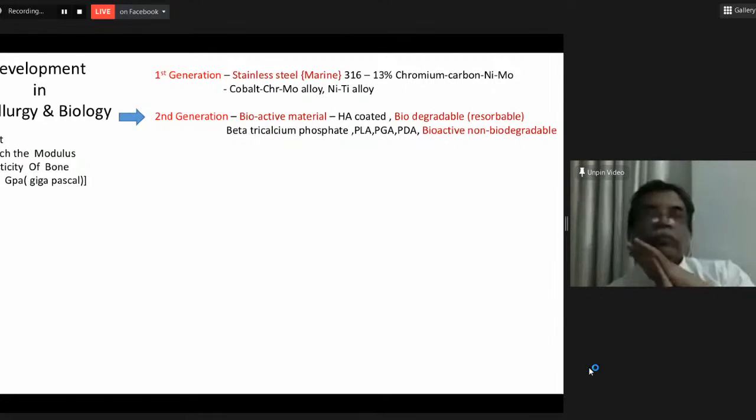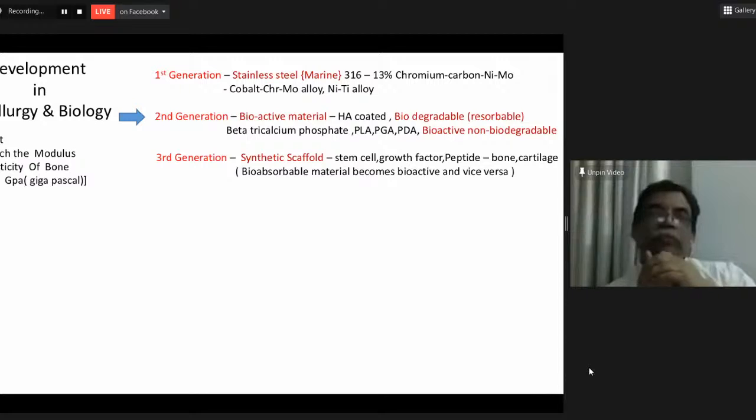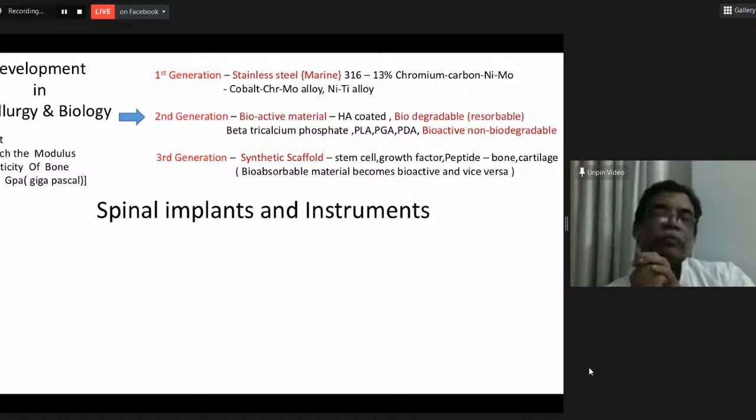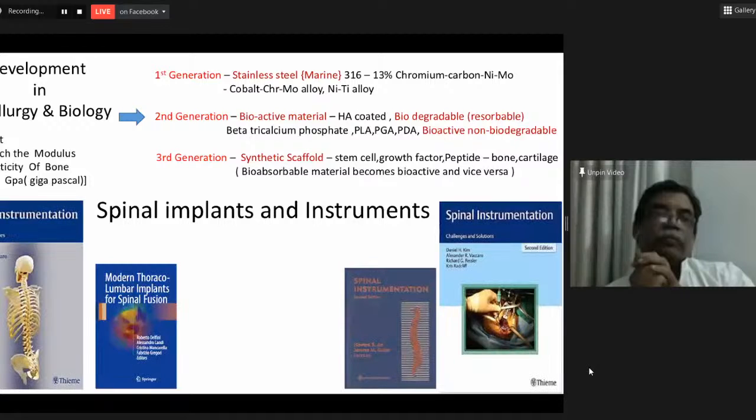We also had biodegradable and non-biodegradable implants. And the last one is the 3rd generation. Nowadays, people have even started trying synthetic scaffolds with the help of stem cells, growth factors and peptides, and bone and cartilage are being formed.